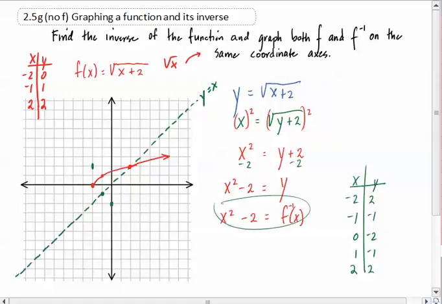Let me double check my numbers here. Negative 2, that's going to be 4 minus 2, which is 2. That's good. Put in negative 1. I get 1 minus 2, which is negative 1. Good. Over 1, negative 1. I couldn't even recognize a parabola when I saw one. Okay, so there's that.